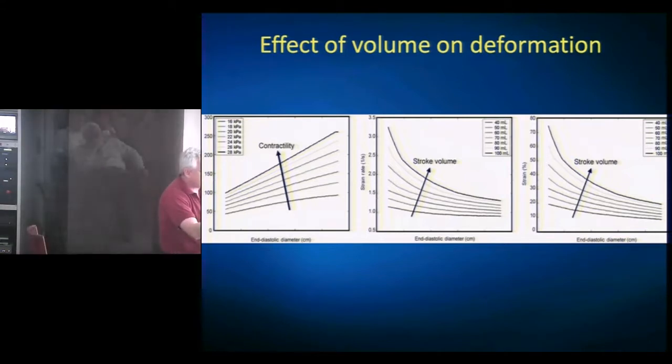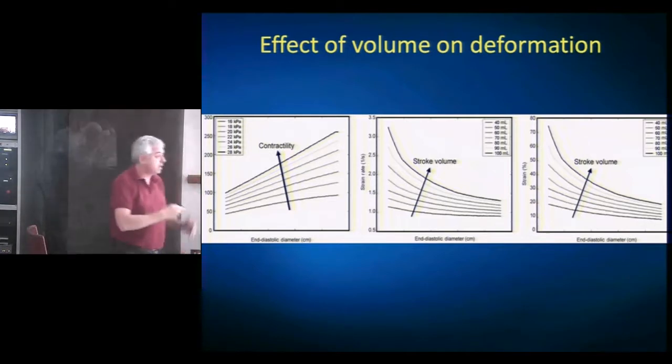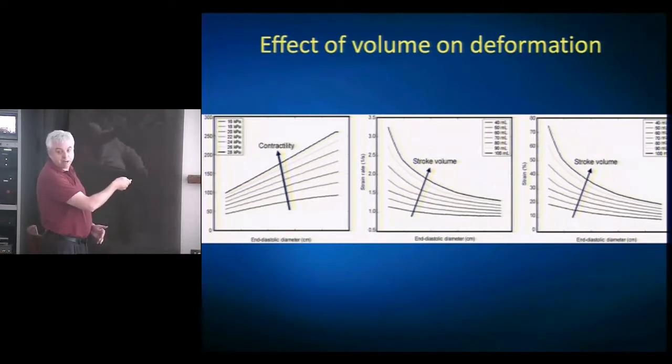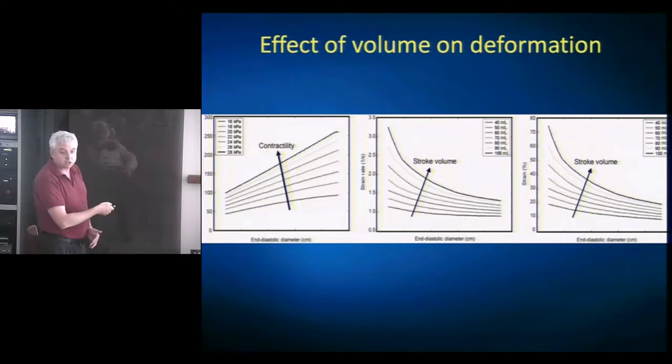It's got to pump blood forward to the body to supply the tissues. So it does that by increasing its end diastolic diameter, and you can see that as you increase that, your stroke volume goes up for any given contractility. These are isocontractility lines. It can also do that by increasing the contractility itself and jumping up on these curves to increase the stroke volume.